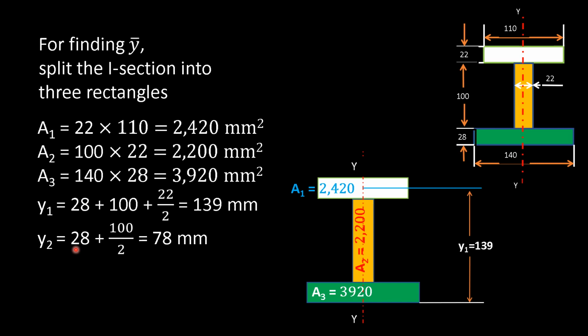Y2 is 28 plus 100 divided by 2, which is 78 mm. So Y2 is 78 mm. Y3 equals 28 divided by 2, which is 14 mm. So Y3 is 14 mm.